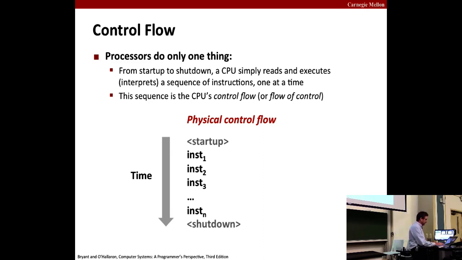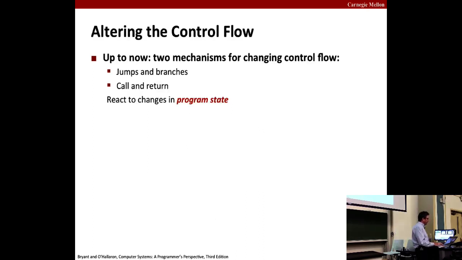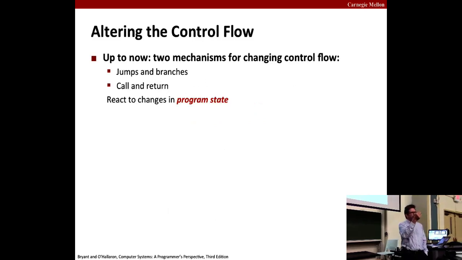Now normally this control flow executes just one instruction after another, sequentially in memory. And so far we've seen two mechanisms for altering the control flow so that we're not executing just the next instruction.